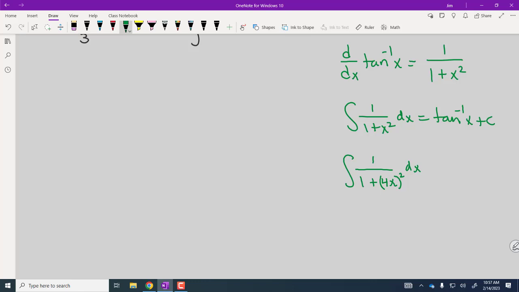RCR. That quantity inside the square is linear. You could use substitution, say let's let u equal 4x, du equals whatever. But this is RCR here. This is linear, so that's RCR. So if we integrate this, we would get inverse tangent of whatever is inside the square there, but then we would divide by 4. Exactly.